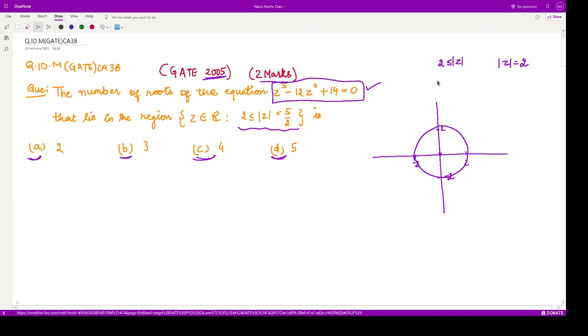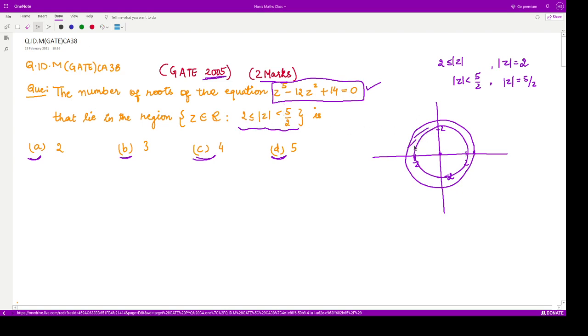For the other inequality they are saying mod z strictly less than 5 by 2. We'll first write this equality mod z is equal to 5 by 2. 5 by 2 is 2.5, so it would be somewhere here, right? So let us draw the circle over here. Now they are saying our region is in between these two circles.